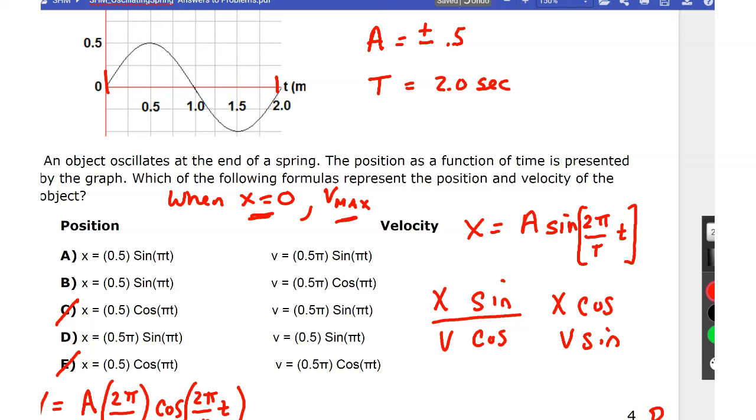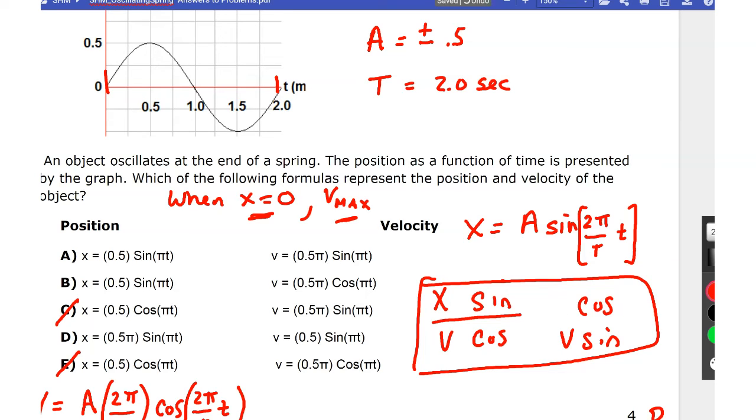The cosine is 1, and when the cosine function is 0, the sine is 1, that would be 90 degrees. But just memorize this. Whenever your x equation is described with a sine function, your velocity is cosine.